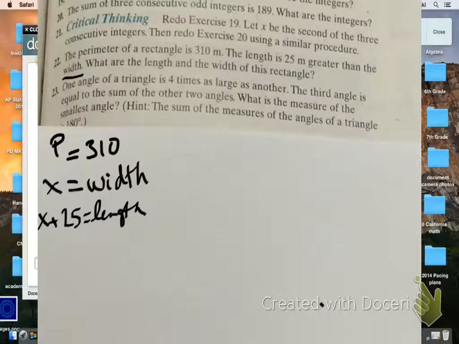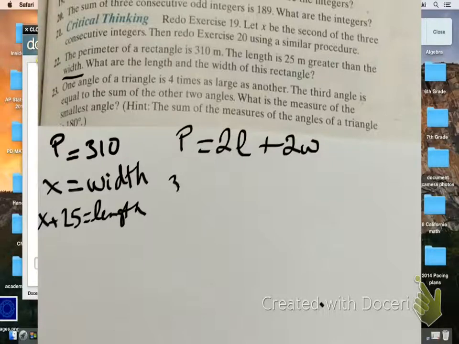All right. Now the last thing we need to do, since they mention the word perimeter, is use that formula. Nobody's going to tell you, but if it's a word that implies a formula, it's time to start using those formulas. So we do P equals 2L plus 2W. And then I substitute in.